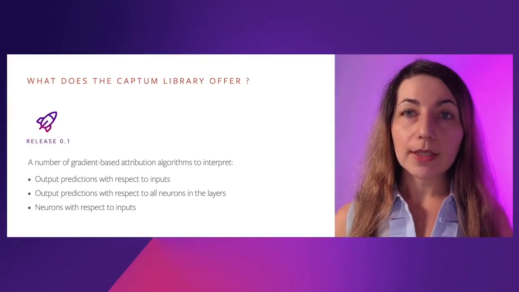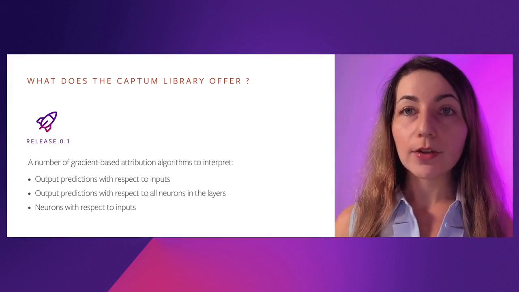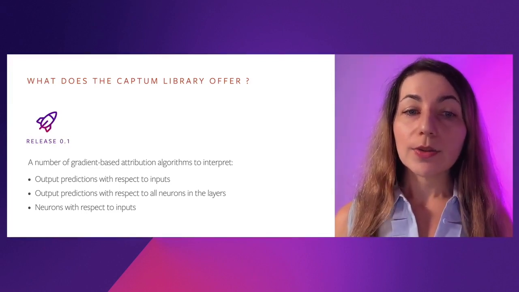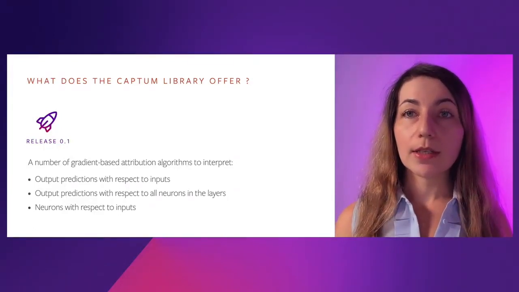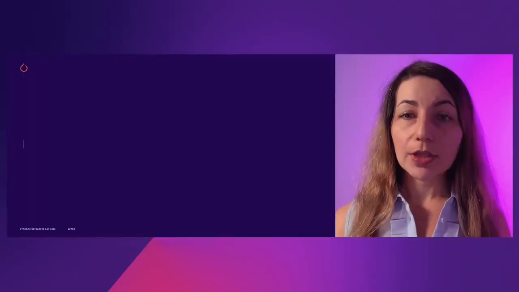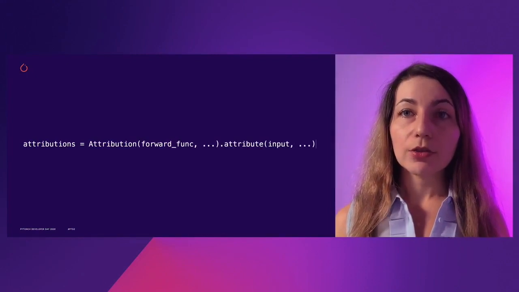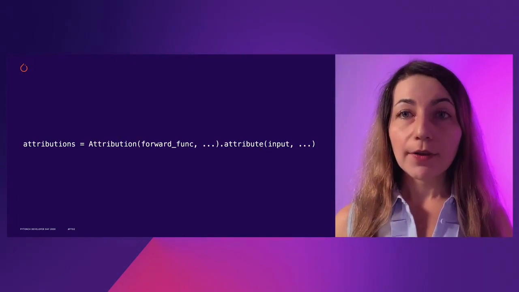So the first release that we had last year contained a number of gradient-based attribution algorithms that allow us to interpret output predictions with respect to the input, output predictions with respect to all neurons in a hidden layer, and neurons with respect to the inputs. To do that, we came up with a generic formulation of attribution definition that will help us to generalize across various types of attribution variants.